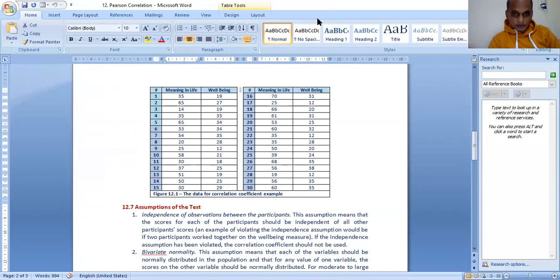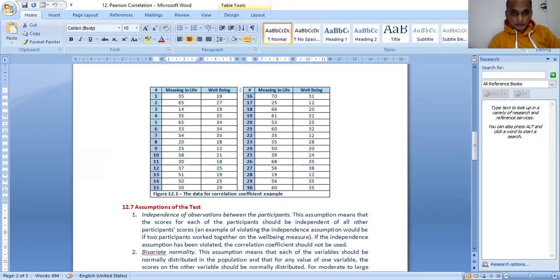This new sheet happens to be my empty, or a fresh, SPSS file. So I'm sharing this file with you all.